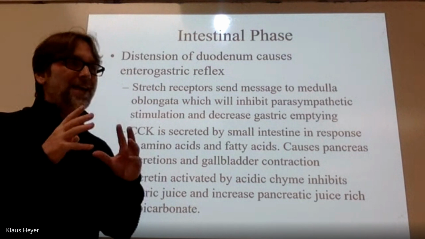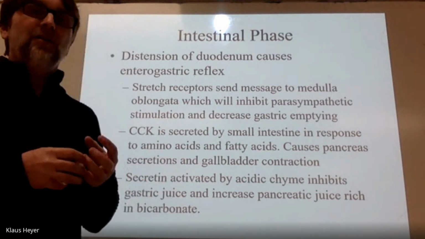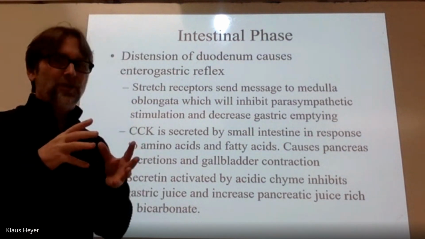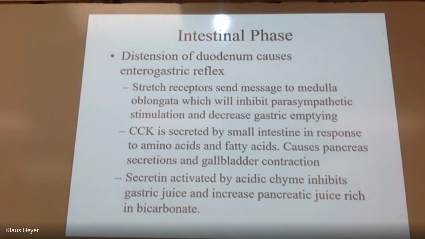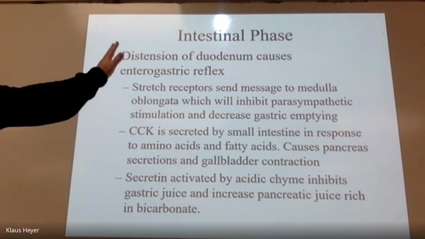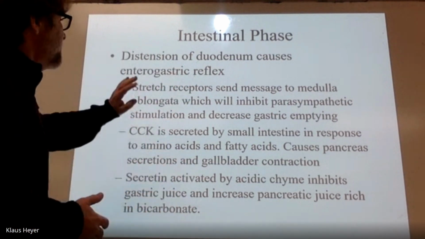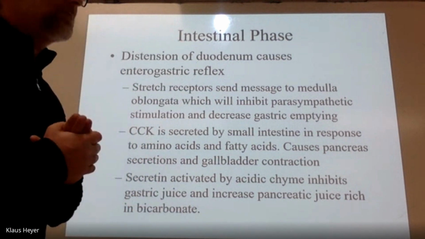You want to take that food and start working with it and absorbing the stuff out of it. You don't want the stomach to keep giving you food because you're trying to work through the food that you have. So that's what it's trying to do. The gastric phase is trying to open up the pyloric sphincter. The intestinal phase is trying to stop all of that happening.